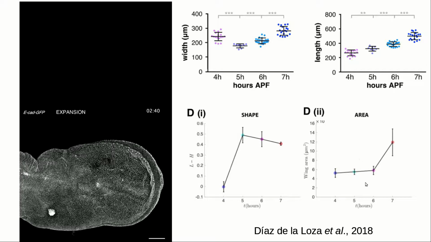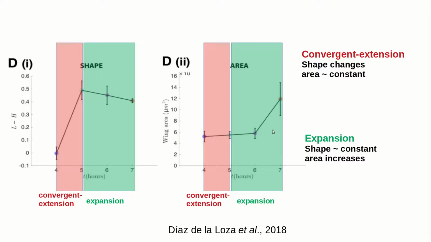So in this region here, between 4 and 6 hours, the shape of the wing is changing, but its area is not. Whereas in the last part, the opposite happens. The area is increasing, whereas the shape is mostly not changing.